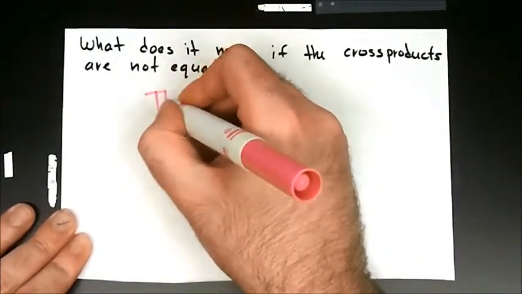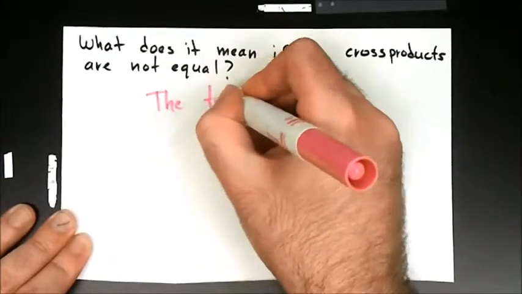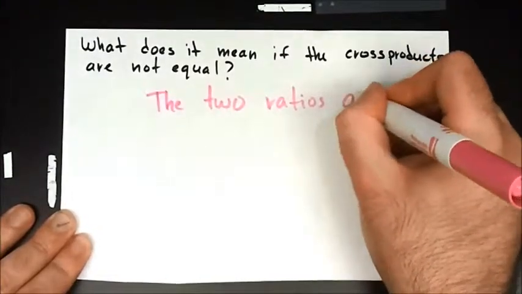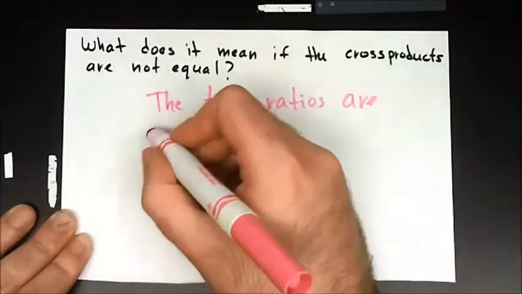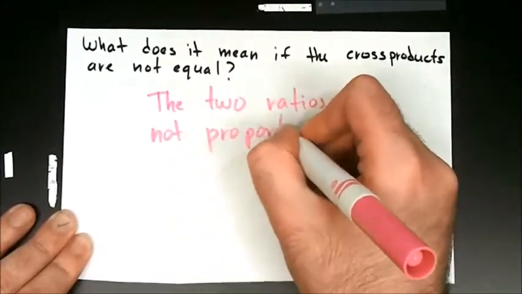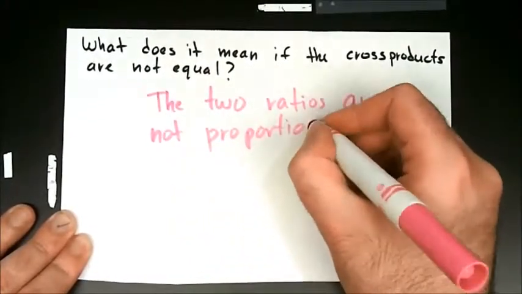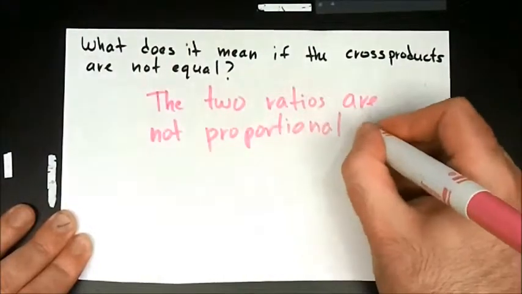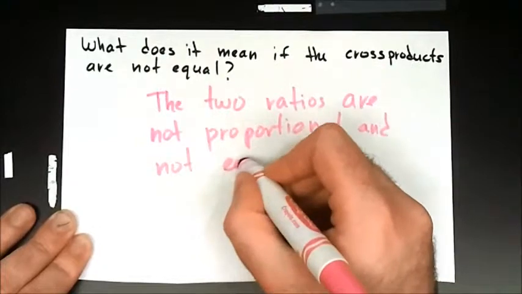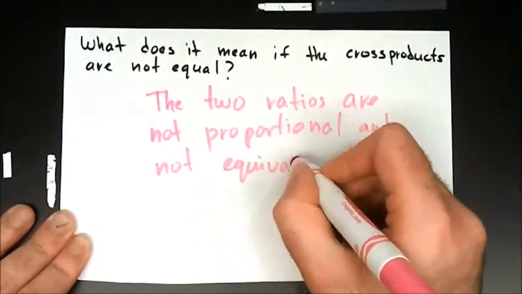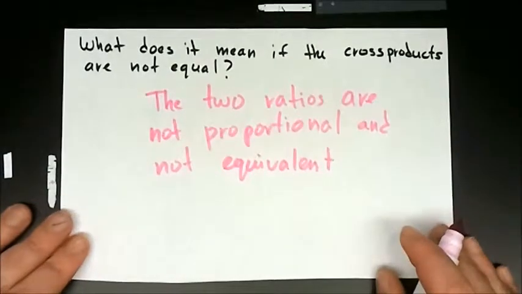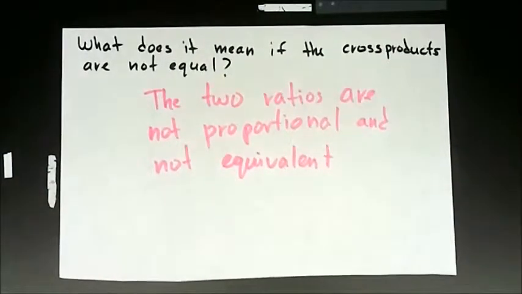So the two ratios are not proportional and also not equivalent. If you gave me either one of these on the quiz, I would give you full credit. But I'm just writing both so you know. All right.